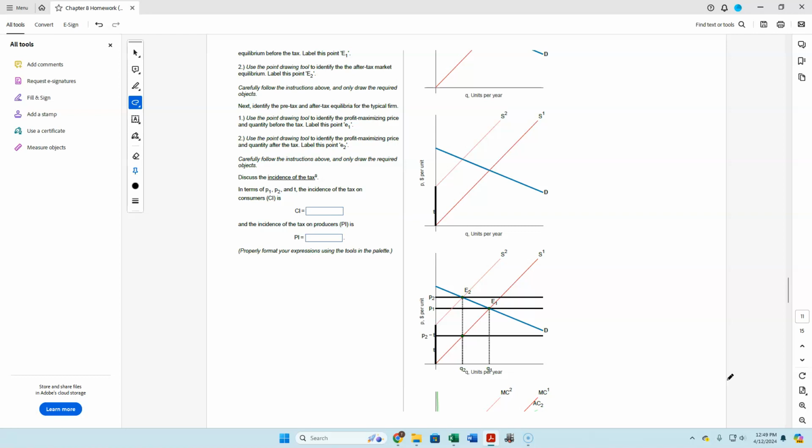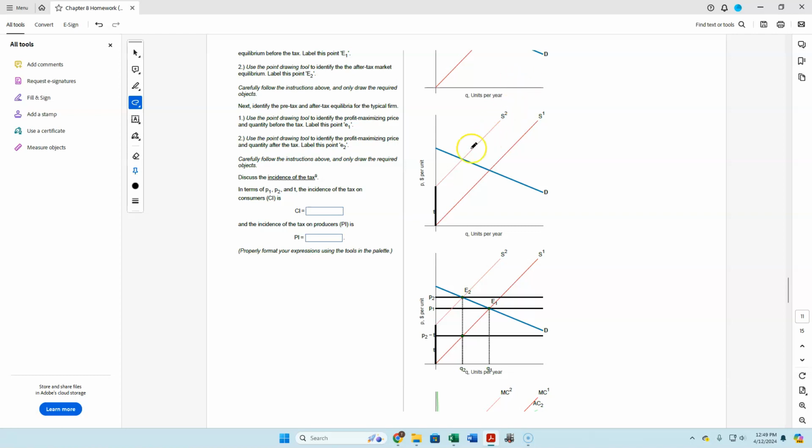And then continuing on here, how much are consumers paying of the tax and how much are producers paying of the tax?